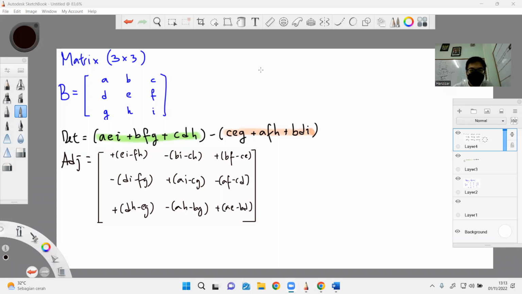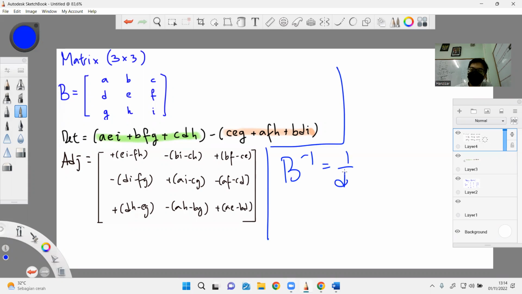So I pick all the important features of the matrix. We got the determinant, we got the adjoint, and what to do is put them into the formula of the inverse of the matrix: 1 over determinant of B, multiplied by the adjoint of B, which is 1 over this.